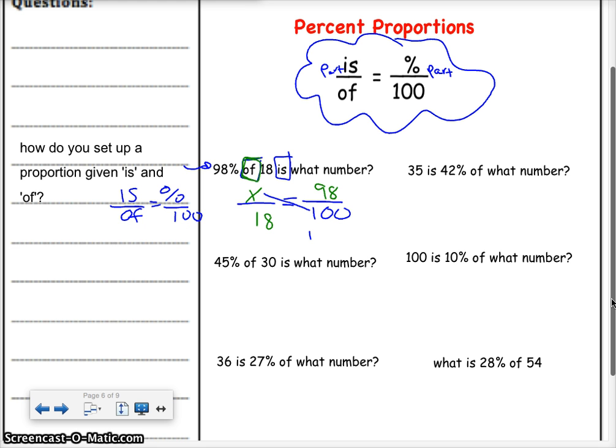Then you can always set up a cross product if you like, or use the faster strategy, where you multiply the diagonal and divide by what's left over. So we get 100x equals 98 times 18, 1764. x is 17.64. I think you round to the nearest tenth today, so 17.6.